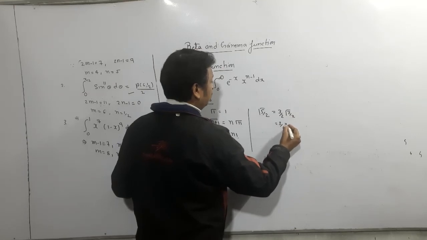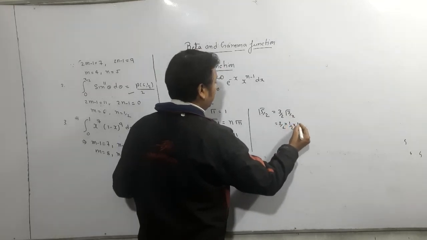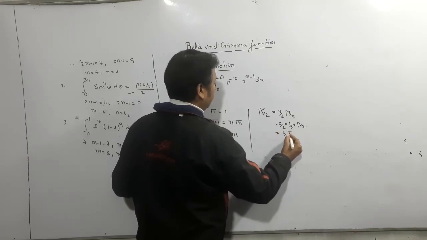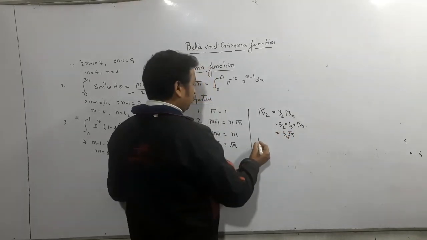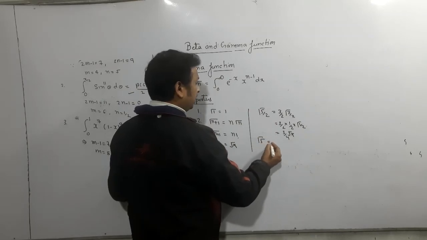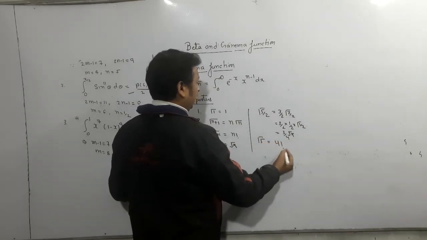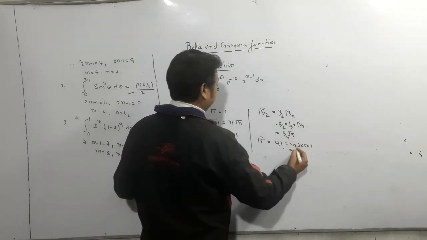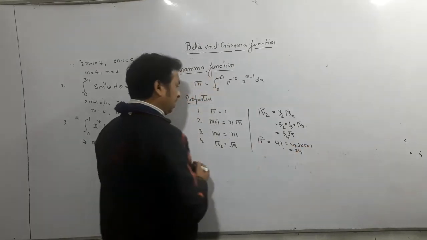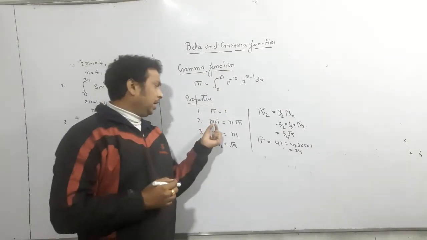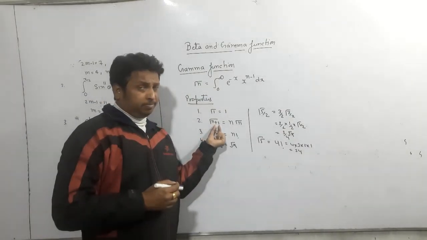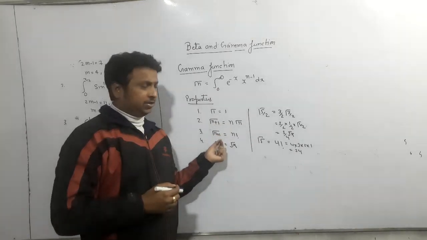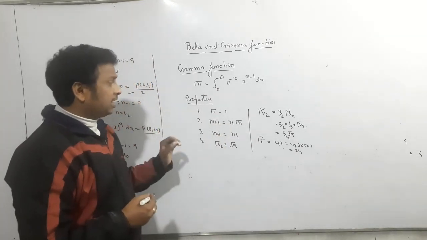Subtract 1, so 1 by 2, gamma 1 by 2. So 3 by 4, and gamma 1 by 2 is root pi. Similarly, what is gamma 5? Gamma 5 means 4 factorial, and 4 factorial you know, 4, 3, 2, 1. So my friends, it's very easy to tell. This one we use basically when n is a fractional number, and this one when n is an integer. So this is gamma function.